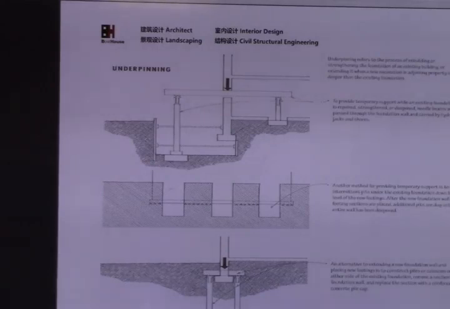This is an underpinning of the foundation. There are a lot of things that need underpinning. Why? Because for a renovation, some buildings were bungalows, but we need to add another two-story.